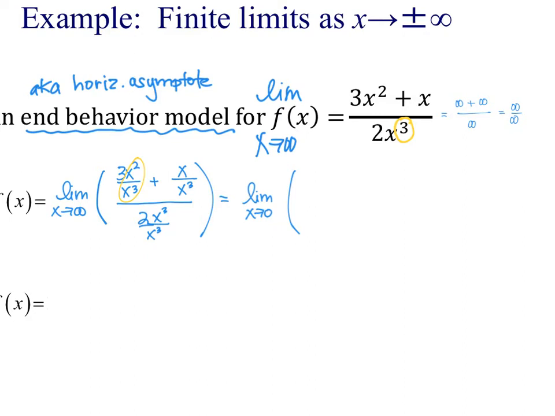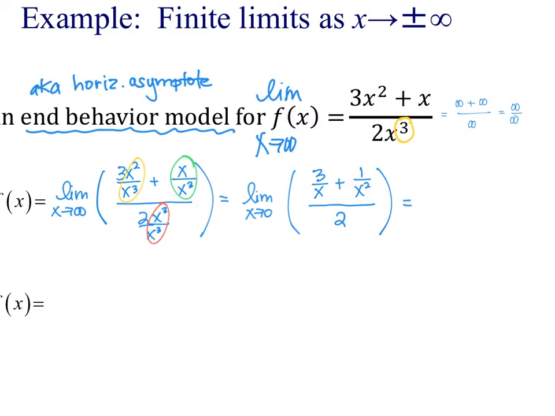X squared over x cubed doesn't fully reduce, but we're left with 3 over x. X over x cubed doesn't fully reduce, but we're left with 1 over x squared. And then x cubed over x cubed fully reduces, and we're left with 2.